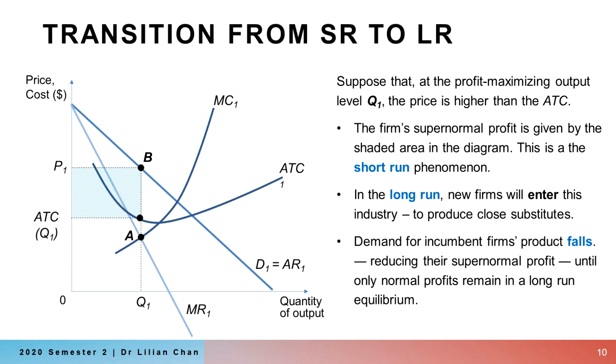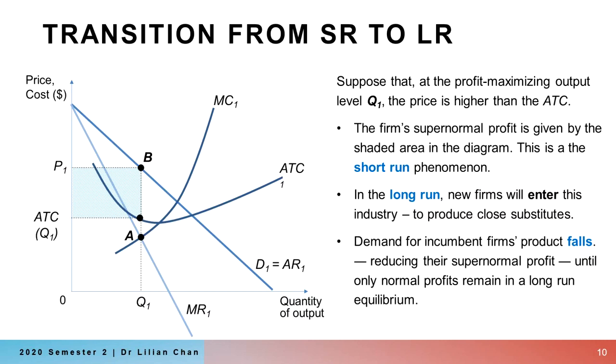that shaded area in the diagram, would only exist in the short run, because in the long run, firms would be attracted to enter this industry and produce a close substitute to this firm's product. Right? So when firms enter to produce close substitutes, it means that the variety of the product that is available for customers to choose has increased.